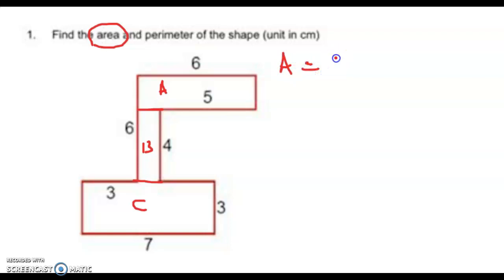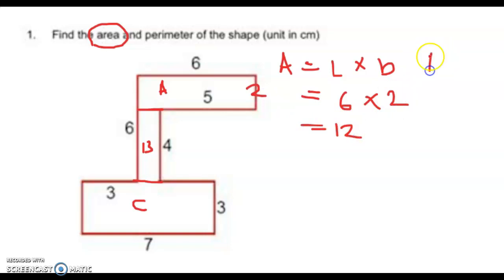We know that the formula of a rectangle to find area is length into breadth, right? Now see, what's the length? Length is 6 here. And breadth we found, remember, in the perimeter was 2. So 6 times 2 is 12.